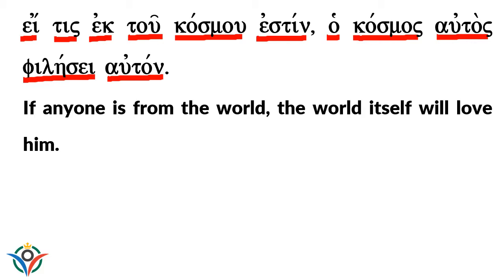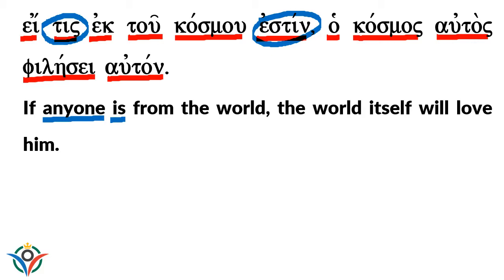Let's make some observations here. The first one we see here, tis, which is an indefinite pronoun functioning as the subject of the sentence. So we translate that as anyone. Then we have our linking verb, estin, which we translate as is.